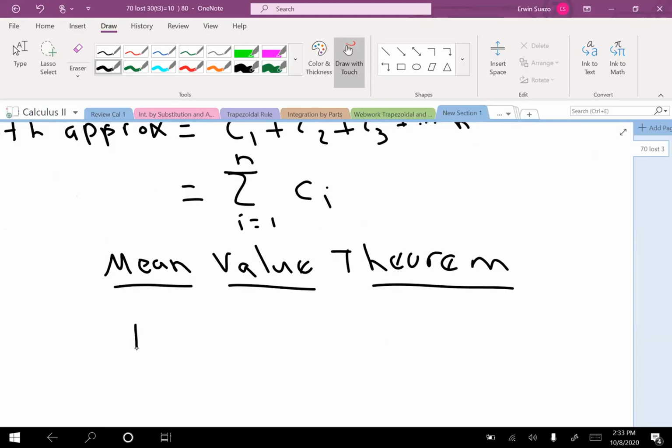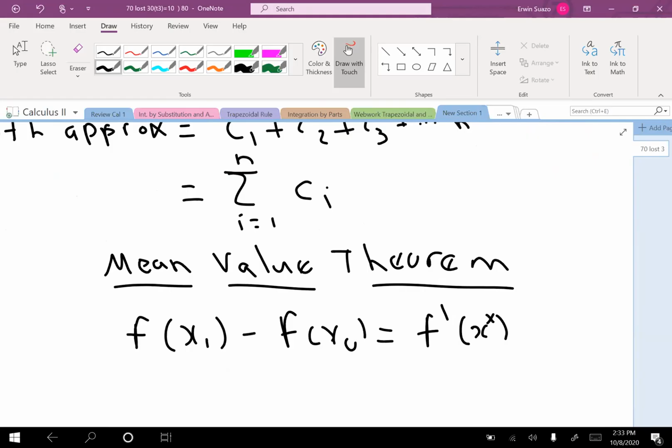It says that if you have, we can use just f of x1 minus f of x0 equals f prime of some point in the middle of x1 and x0, let's say x star 1, times x1 minus x0. So what is this saying?